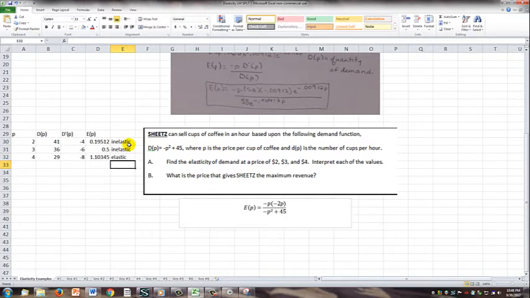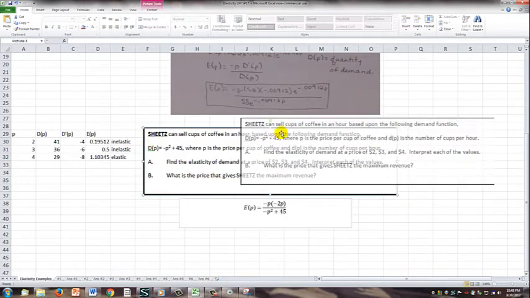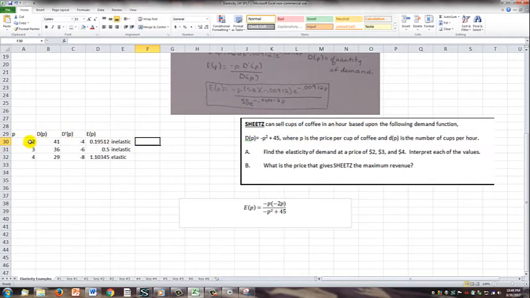Do you remember what that means? It means that at $2, small increases in price are going to increase the revenue, because we're on this part of that parabola example. So we can continue to increase the price is what this means.